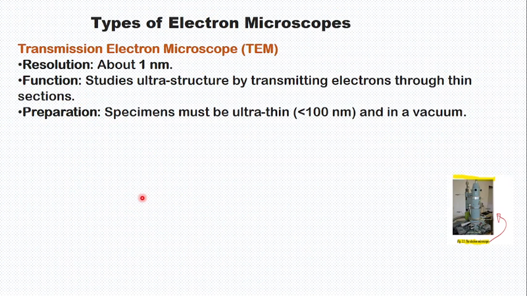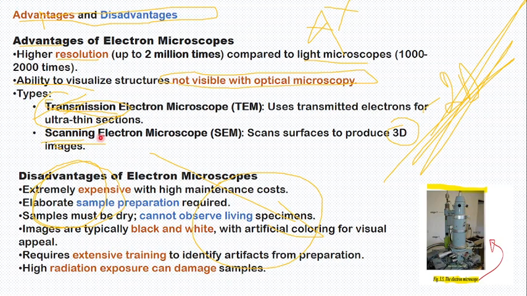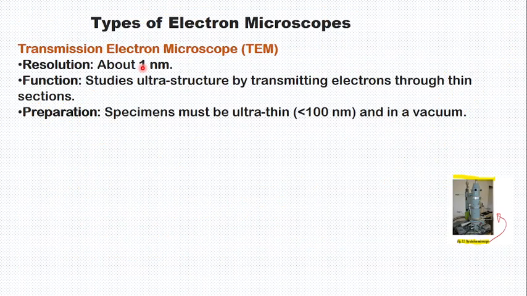As I told you, two types are there, which both have high resolution and high magnification, but they have some differences. Number one, as I told you, is the transmission electron microscope. They study ultrastructure.